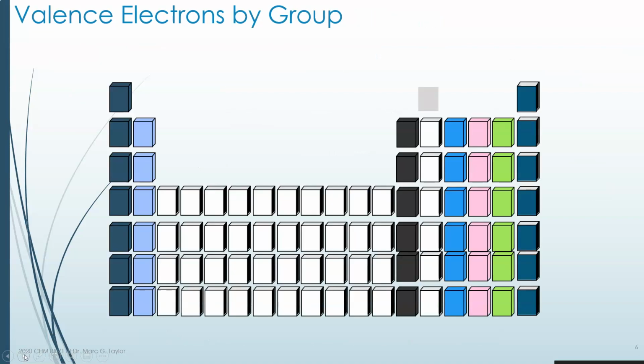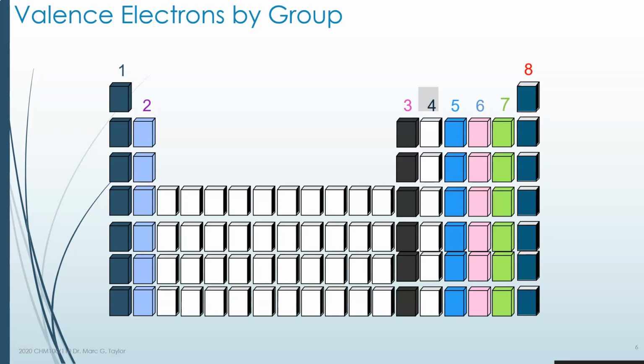So if we look at the periodic table, and I've got this unmarked periodic table, if we look at how many valence electrons there are, we can just count from left to right, only looking at the group A elements.